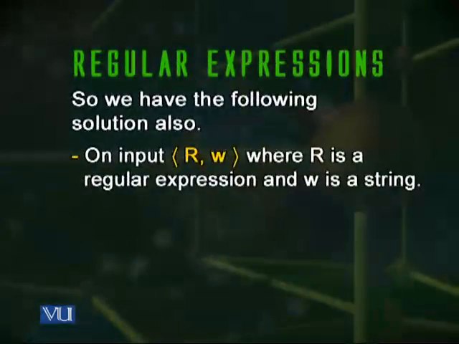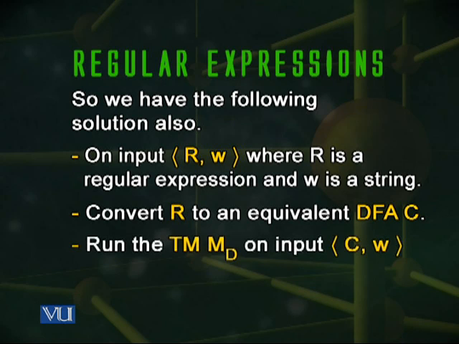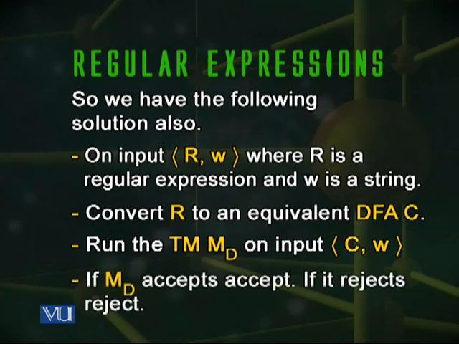Let's look at the solution in more detail. Suppose the input is R, W, where R is a regular expression and W is a string. The first thing this Turing machine will do is convert the regular expression R into an equivalent DFA C. Now it will run our previous Turing machine to find out if W is accepted by C. If M_D accepts, which means it declares that W is accepted by C, this Turing machine will accept.